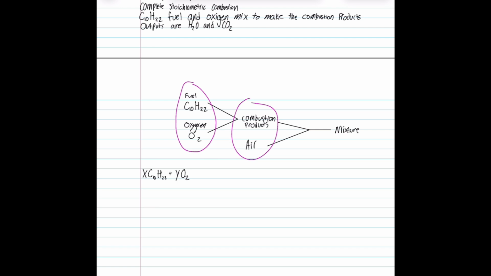Now we need to ensure that the mixture is in equilibrium. We need to set the left-hand side, which is the components of the mixture, to the right-hand side, which is the outputs. And we made the assumption that the outputs would be H2O and CO2. Those are the components of the mixture, which is the mixture called the combustion products.